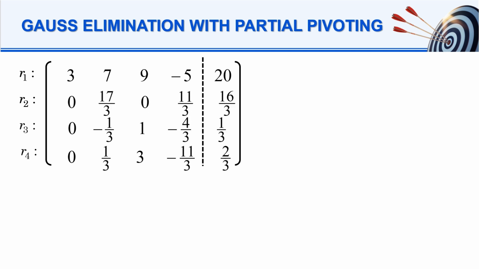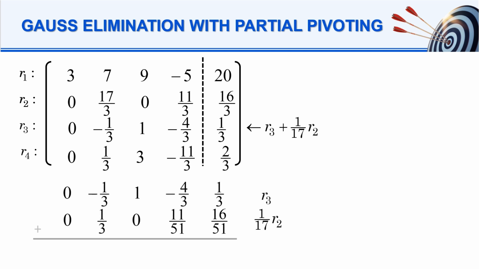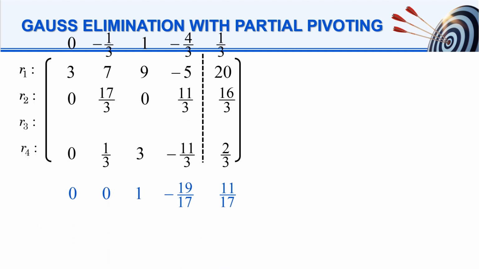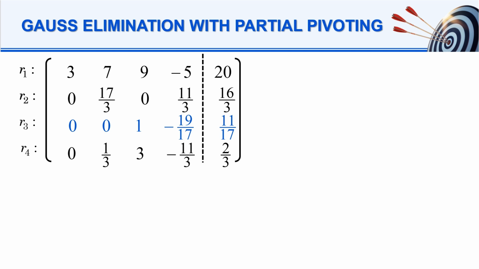To eliminate minus 1 over 3 in the third row, we add 1 over 17 times row 2 to row 3. And we replace row 3 with the new row.